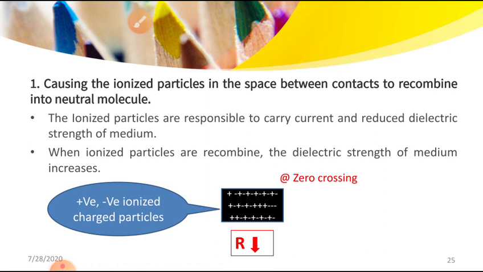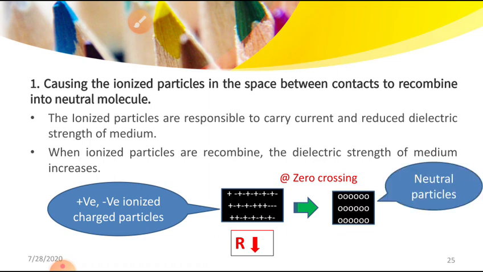Once ionized, having low resistance, it acts as a very good conductor through which the fault current, the short circuit current, tries to flow. So what to do? We forcefully move to neutral particles.